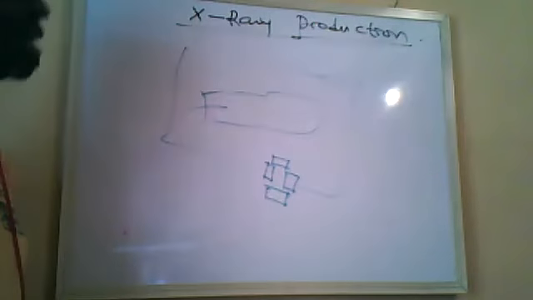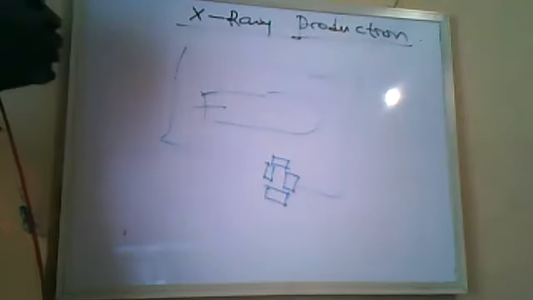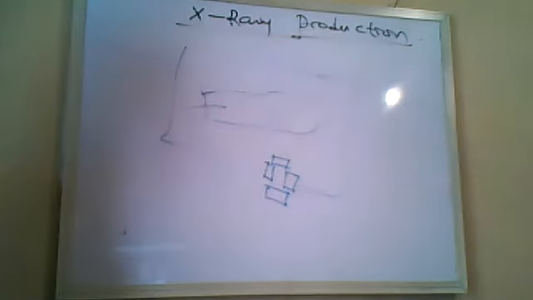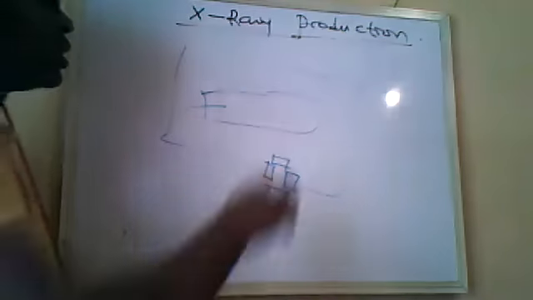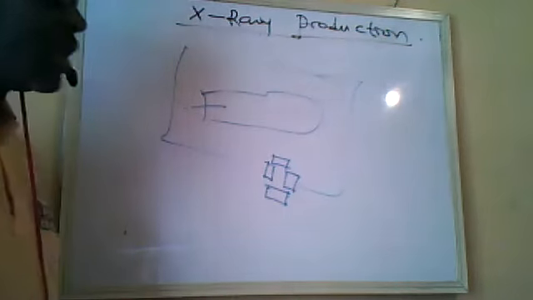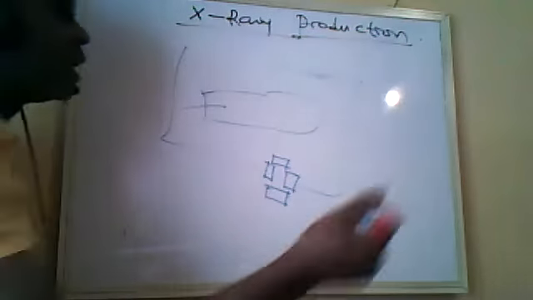But in case we want to be sure that the facility's tube is in good condition and has a good specification, we need to measure the tube leakage, and the leakage shouldn't be more than around 100 milliroentgen per hour.